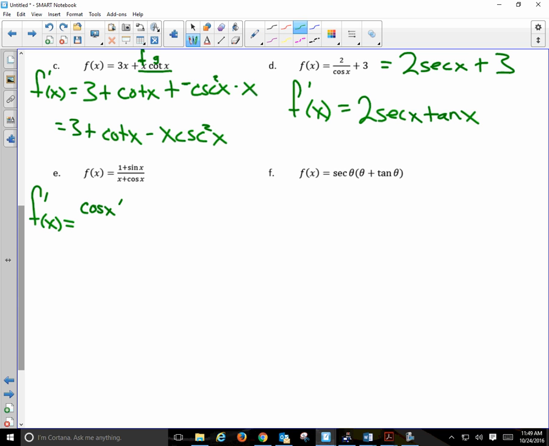Cosine of x times the bottom left alone, x plus cosine of x, minus the derivative of the bottom, which is not just negative sine of x, but 1 minus sine of x, times the top, 1 plus sine of x, all over the bottom squared.